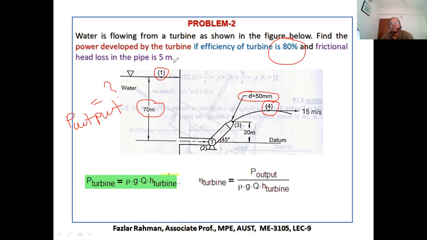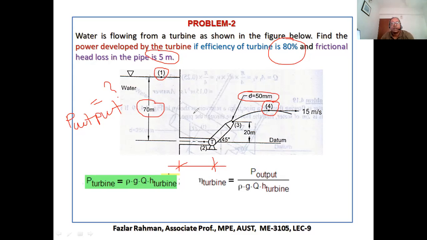And the frictional loss in the pipe from here to here. You don't know the distance from here to here, but that's why they're just giving you the loss. So this time you don't have to use the Darcy-Weisbach equation, right? Because the frictional head loss is already given in the data. So they would like to know what will be the power output from the turbine.